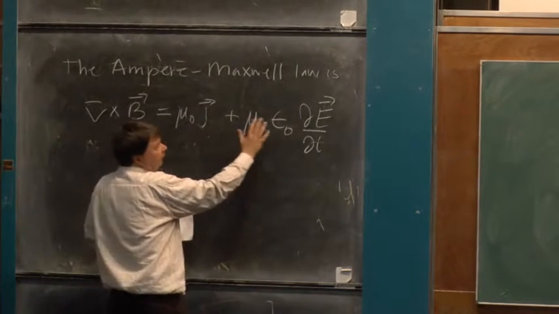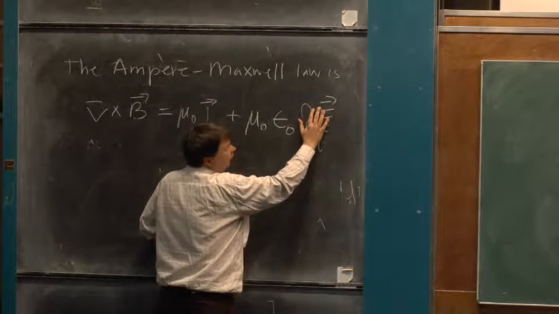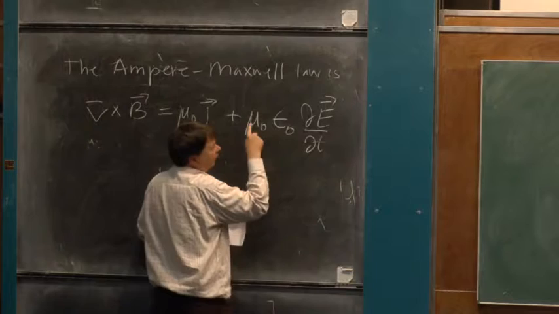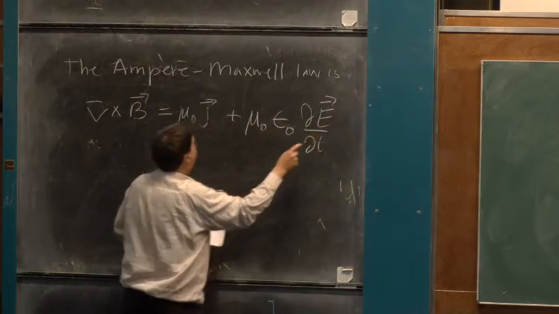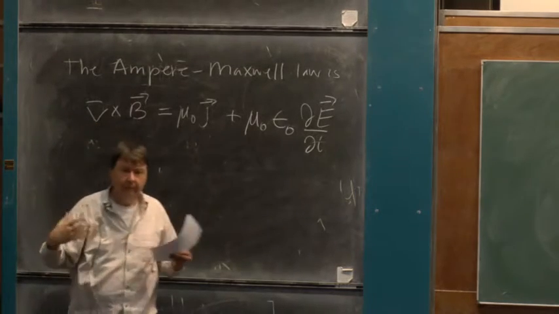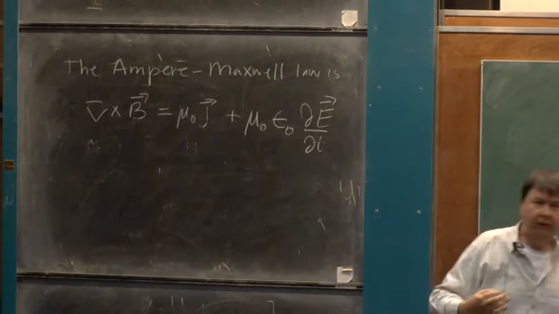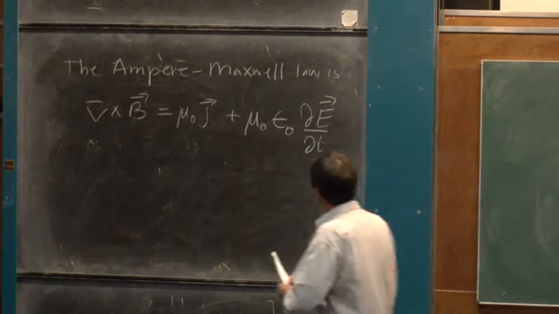So when I take the divergence of this term, I get rho over epsilon naught. The epsilon naughts cancel, and I've got a plus mu naught d rho by dt. And here I've got a minus mu naught d rho by dt.